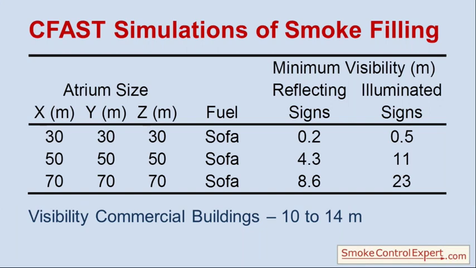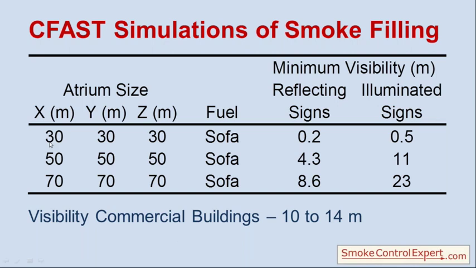So here's what we get from looking at these. And remember that we said that for commercial buildings, our range of visibility is very often 10 to 14 meters. It might be less than that in some cases. So now we look at the first one.